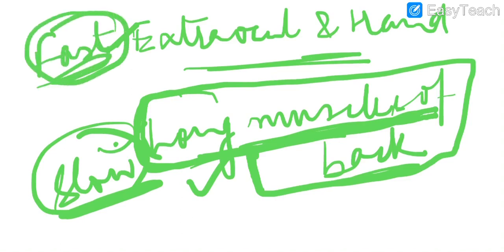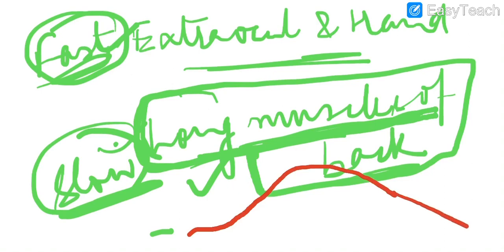Will it be lesser or more? In a simple muscle twitch diagram of a slow muscle fiber, the twitch will be slower, which means there will be a longer contraction phase.